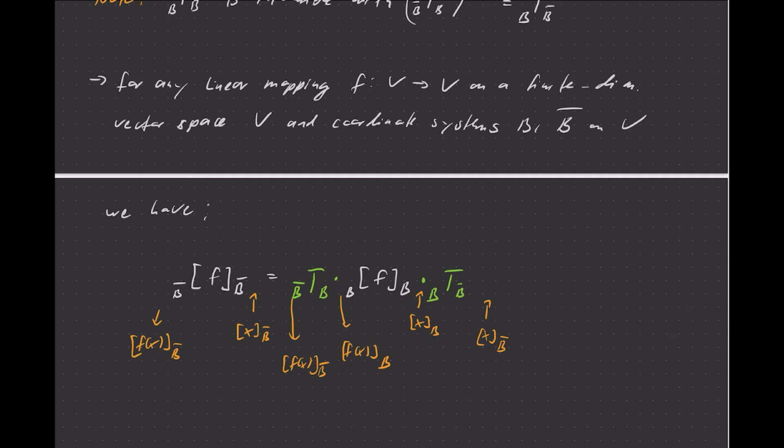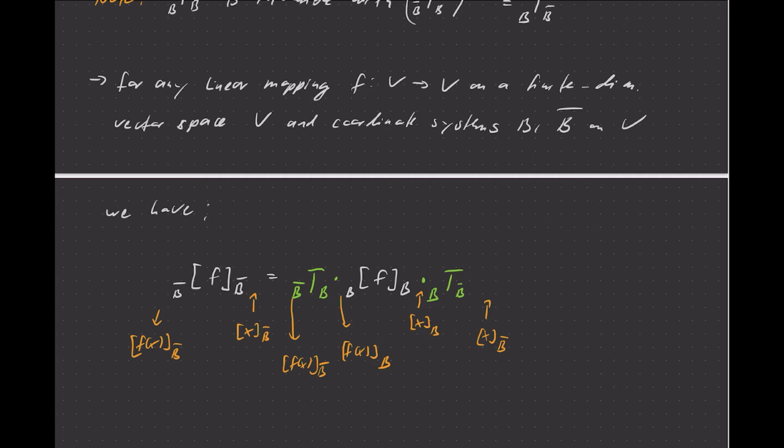So this is the chain that changes our basis, our coordinate system on both sides. We start with B bar. We first transform to B. Then we apply the mapping with respect to B. We get an output in B. And then we transform that to B bar. And altogether, that's the same thing as applying the mapping to a B bar vector and getting a B bar vector. So these two are equivalent.